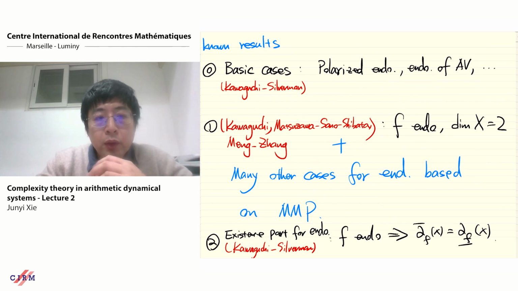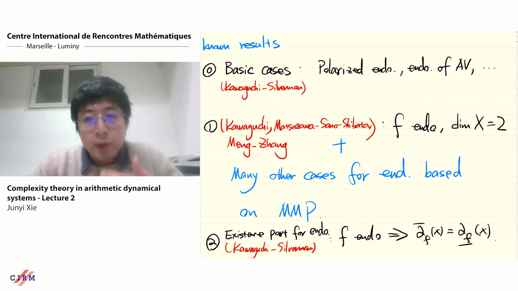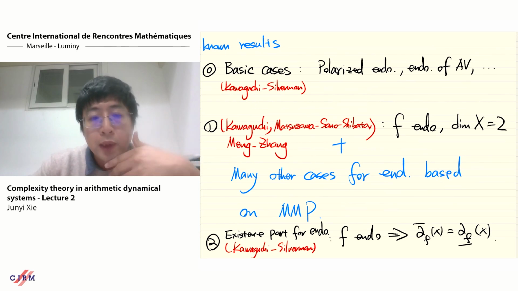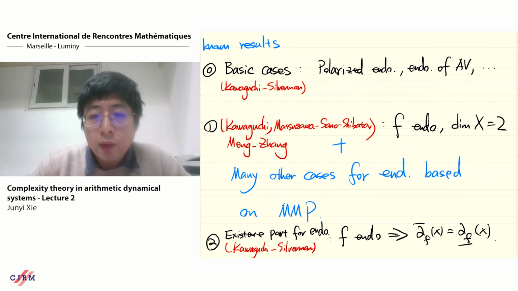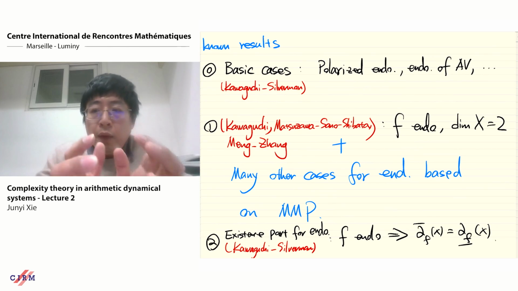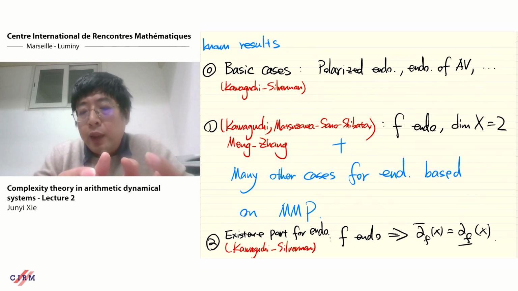And this is the second family, which I think is given by the work of many people, for example Kawaguchi and Matsuzawa, Sano, Shibata, Meng, Shen and Zhang Deqi. One very clean statement is that if f is an endomorphism of a projective surface, then the Kawaguchi-Silverman conjecture is true.